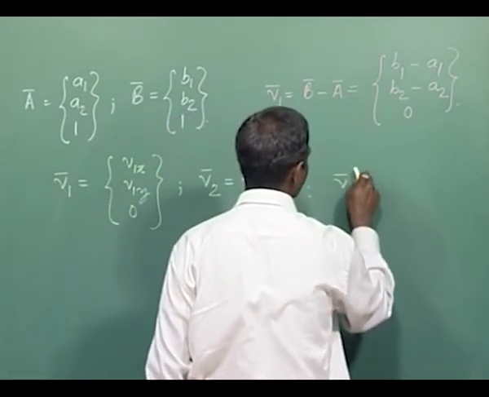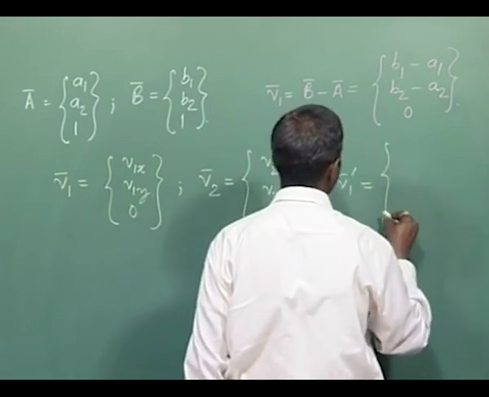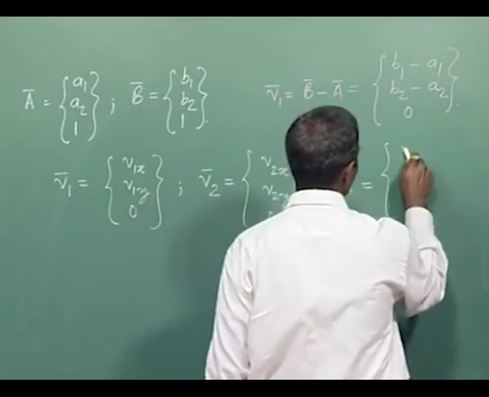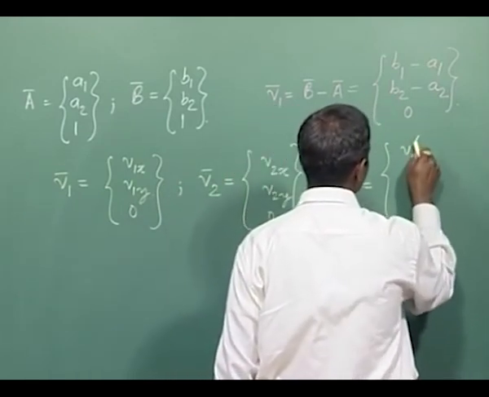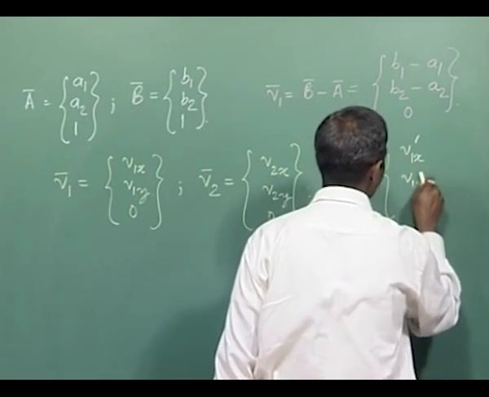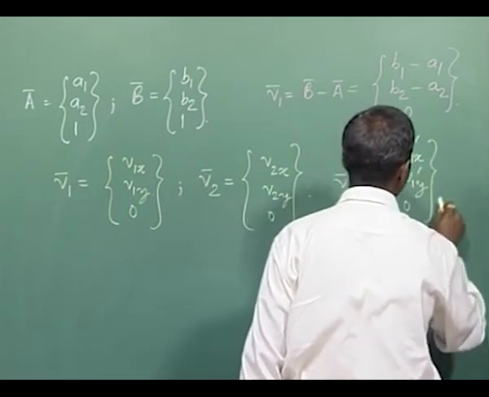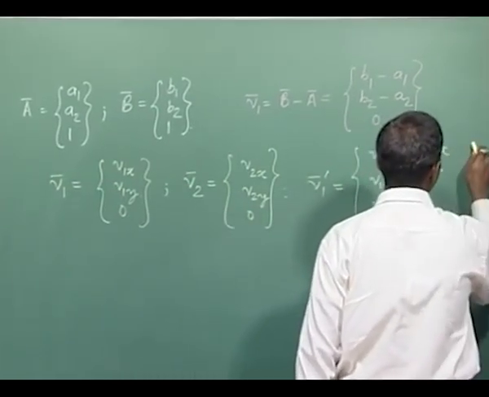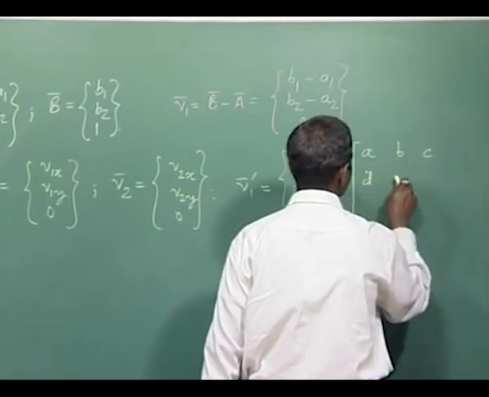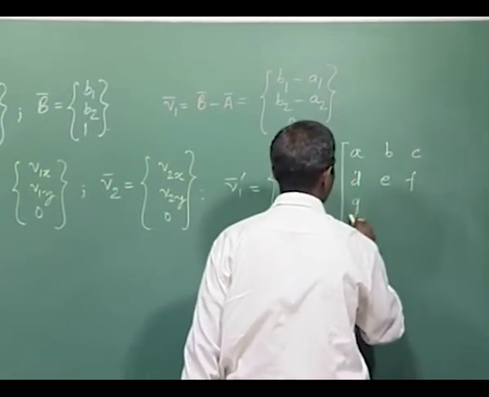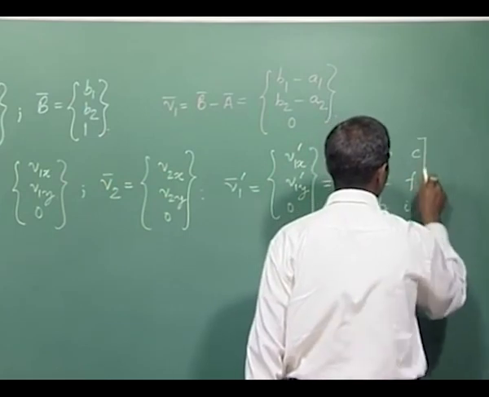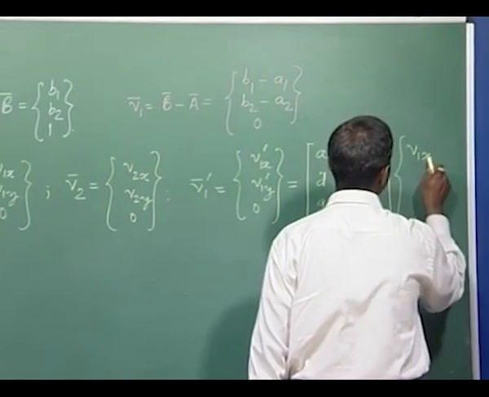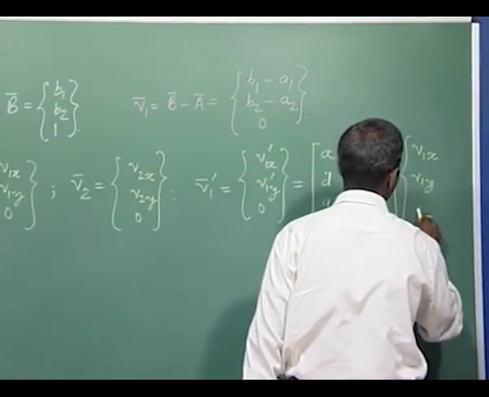V1 prime equals v1x prime, v1y prime, 0, and note that this is nothing but the transformation A, B, C, D, E, F, G, H, I operating on v1x, v1y, and 0.